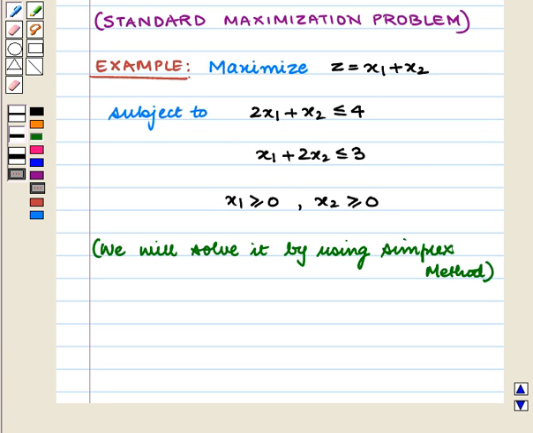It is a standard maximization problem and we will solve it algebraically using simplex method.